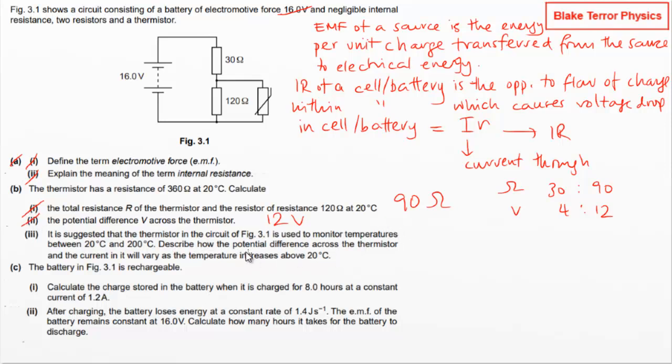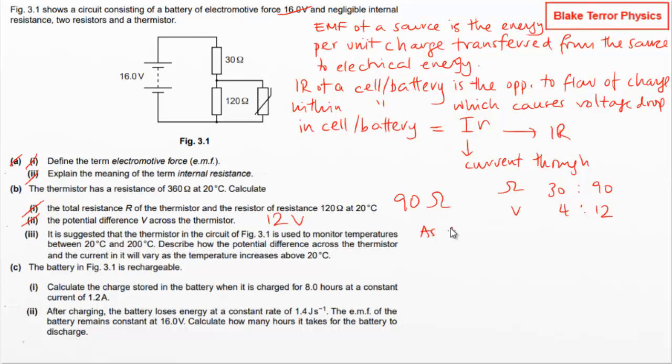Then it's suggested that the thermistor in the circuit is used to monitor temperatures between 20 degrees and 200 degrees. Describe how the PD across the thermistor and the current in it will vary as the temperature increases above 20 degrees C. Right, this is pretty similar to what we had in the previous question.